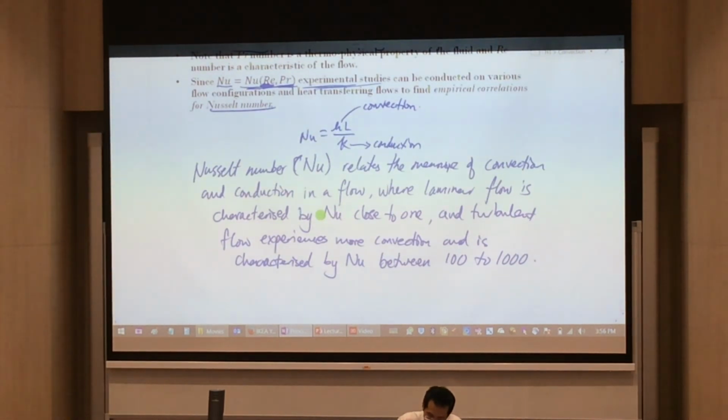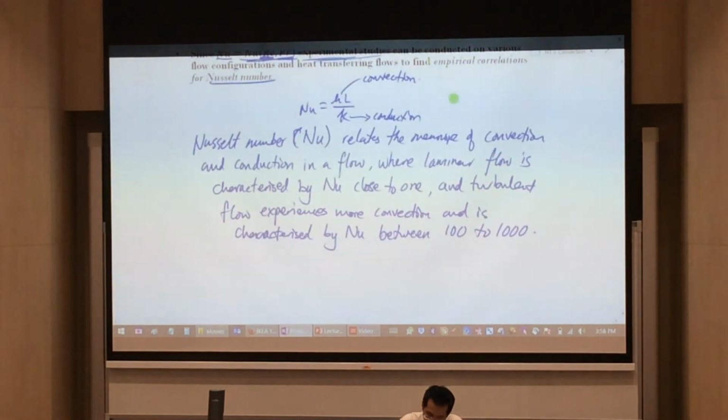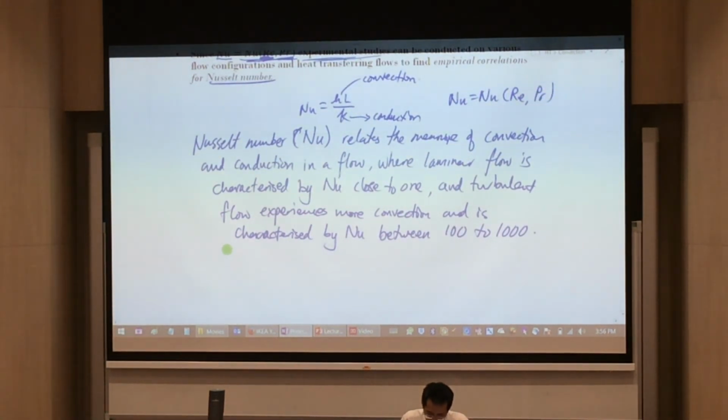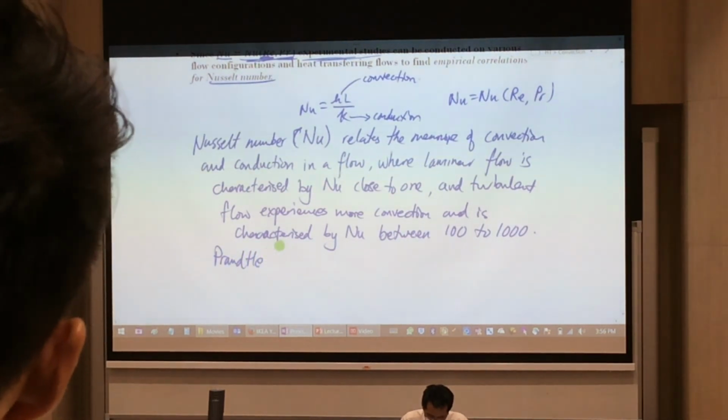Just to let you see, because your Nusselt number is actually a function of Reynolds number and Prandtl number. So then, what is the meaning of Prandtl number?